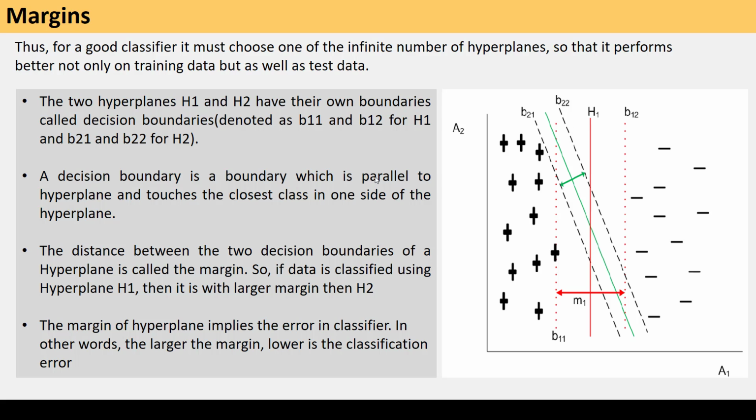Well, you can also say there is one more line, a green line, which says that there is one more hyperplane with decision boundaries B21 and B22 that can also be drawn.